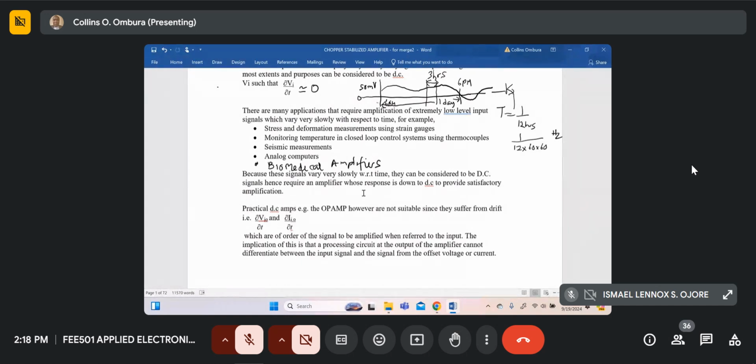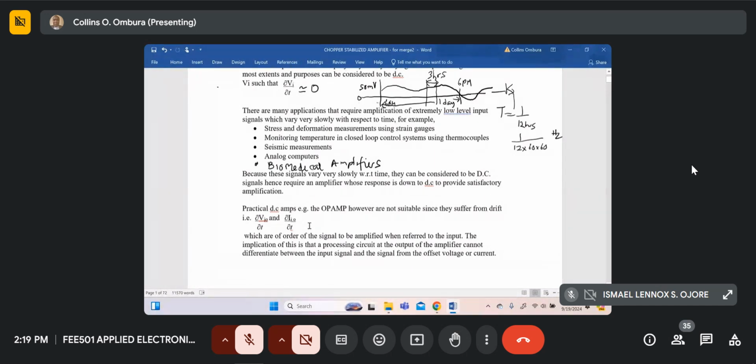But even if you have selected the best instrumentation amplifier to minimize the noise, the frequency band of this noise is normally much higher than the input signal that we want to amplify. Even so, we still find it suffers from VIO drift and IIO drift.